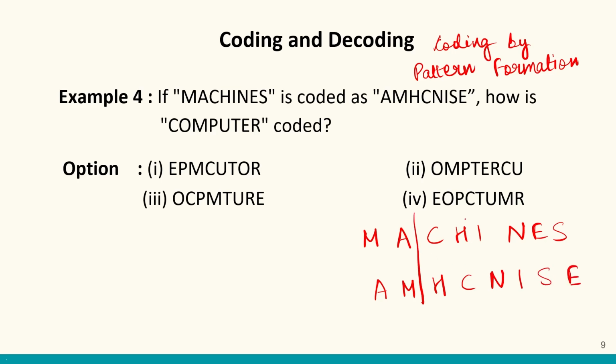If I break them from here, I can see that A is moved into this position, M is moved into this position. So this crisscross pattern is being followed, where each pair of alphabets is exchanged. The position is exchanged. So let us do the same thing for computer.